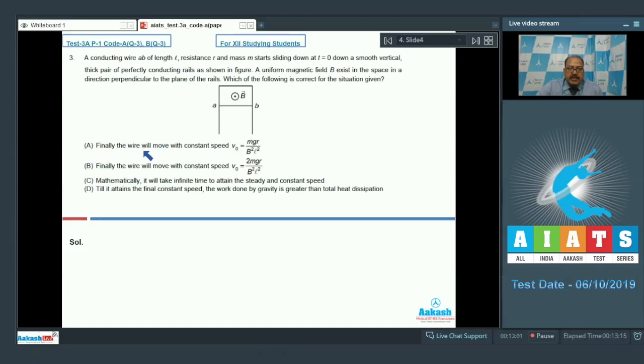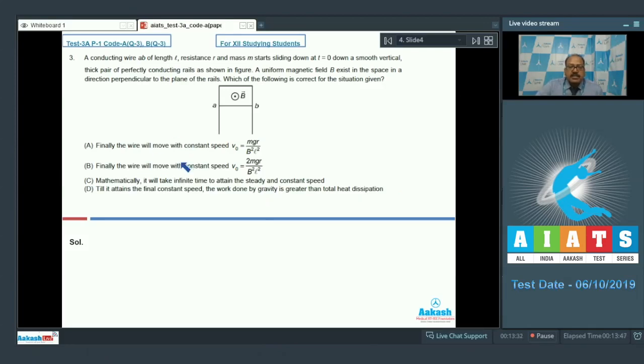Option A says, finally the wire will move with constant speed V0 equal to this much. Option B says, finally the wire will move with constant speed V0 equal to this much. C says, mathematically it will take infinite time to attain the steady and constant speed. And option D says, till it attains the final constant speed, the work done by gravity is greater than total heat dissipation. So let's evaluate each and every option.